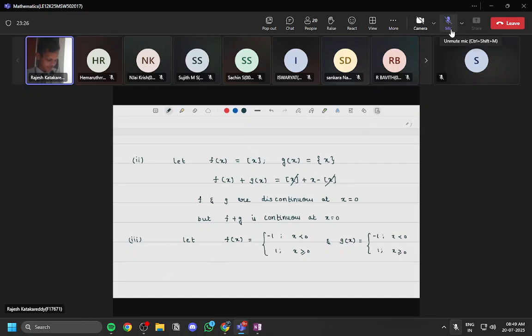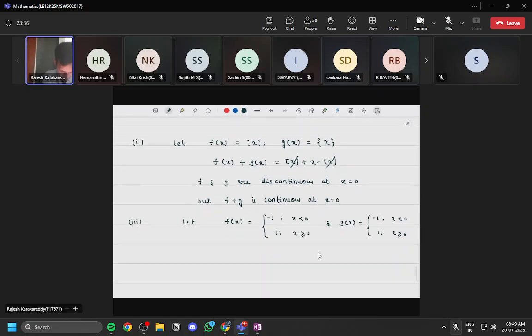Now, in the next counter example, we have taken two functions, f and g. You can clearly see both f and g are discontinuous at 0. Now, if we multiply them, we are getting f of x, then let us change 1 here, minus 1 here. f of x into g of x, what are we going to get here? Multiply there.